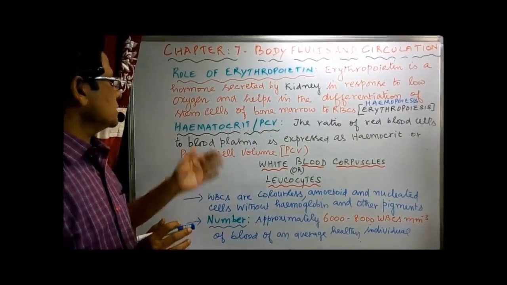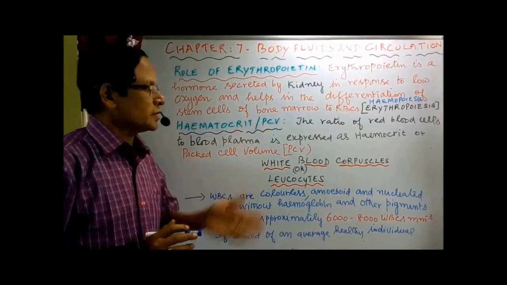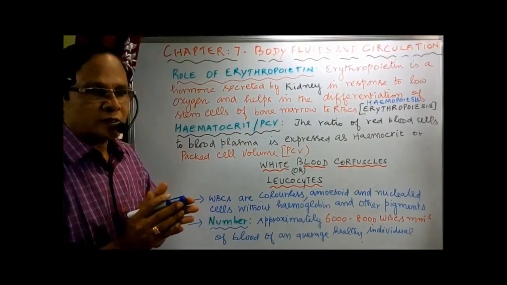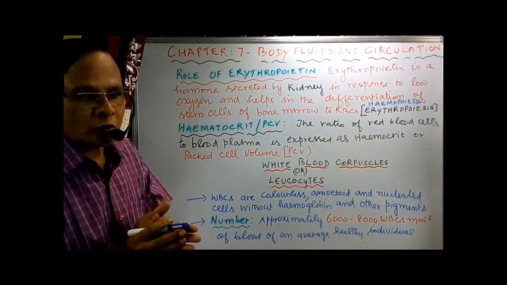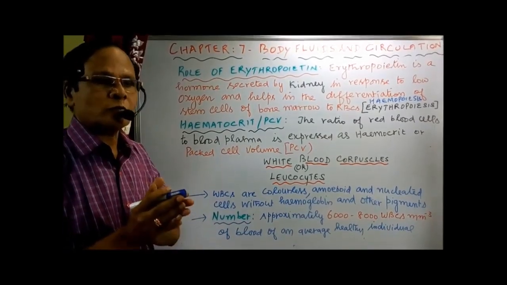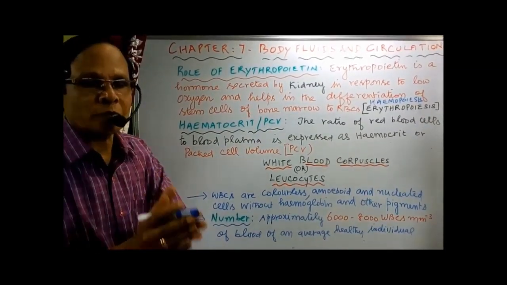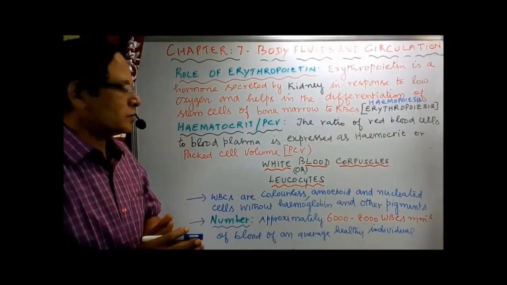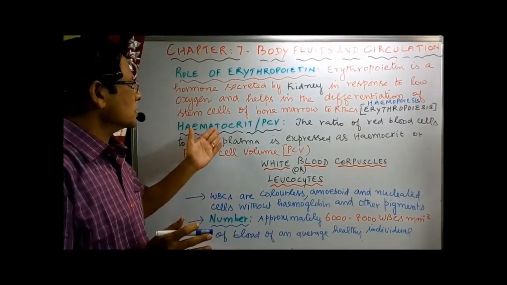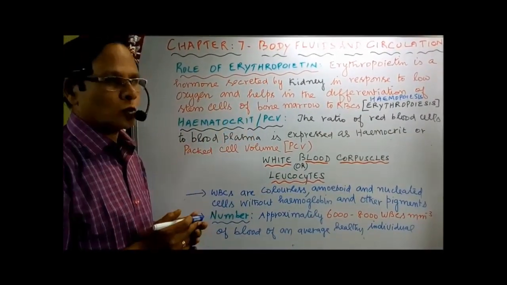Then, what is hematocrit or PCV? We take the ratio of the volume of RBC, not the number, to the volume of the blood plasma. That is expressed as hematocrit or packed cell volume.